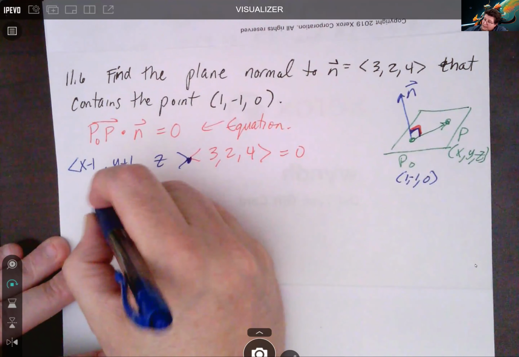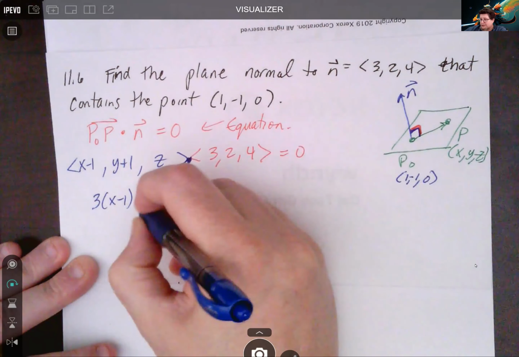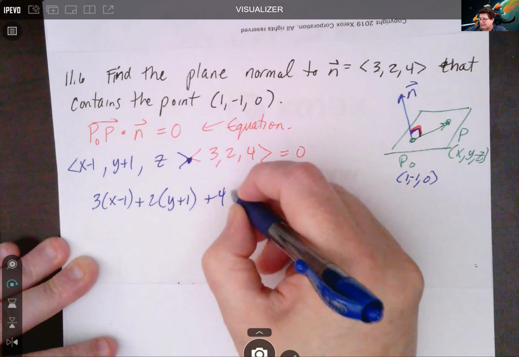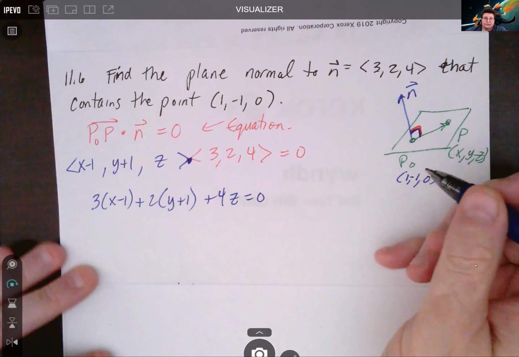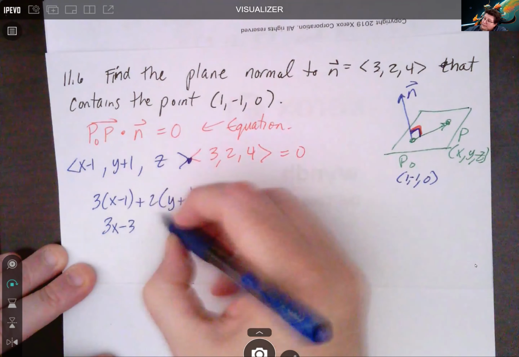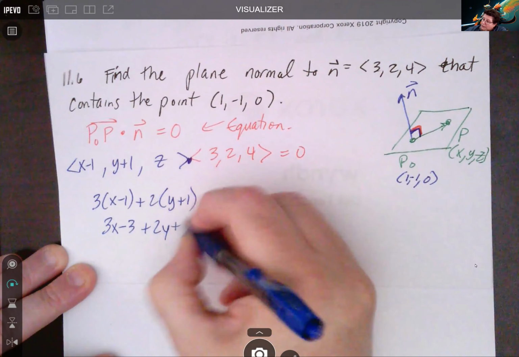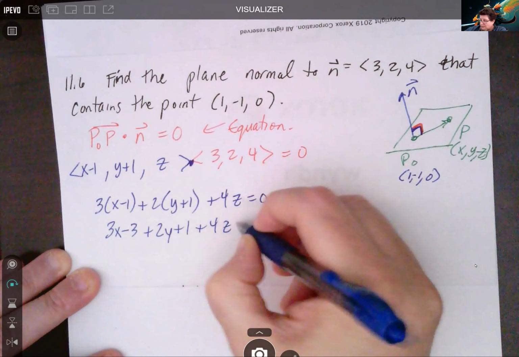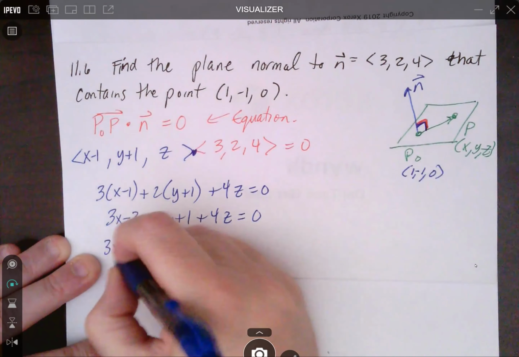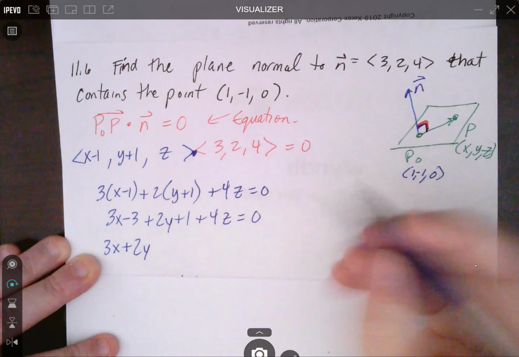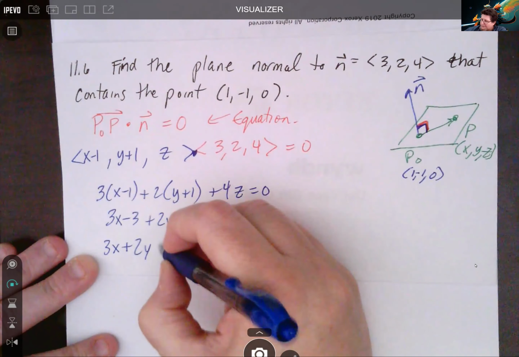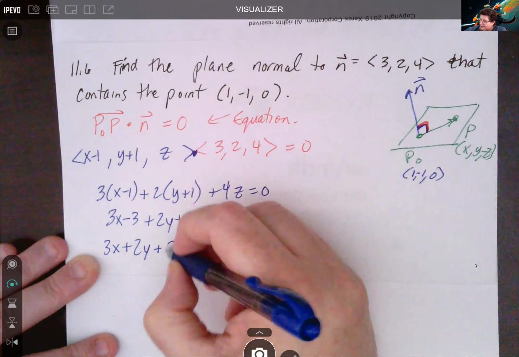We've got 3 times (x minus 1) plus 2 times (y plus 1) plus 4z equals 0. And we can clean this up. We don't need parentheses. Gather like terms. It's 2y plus 2. You're right. Where was I? 4z.